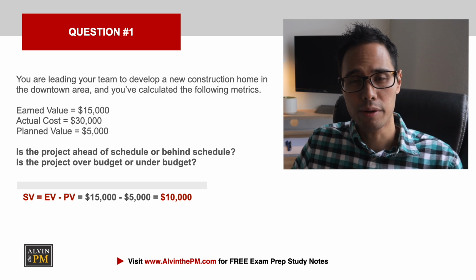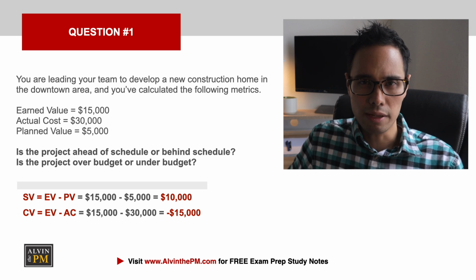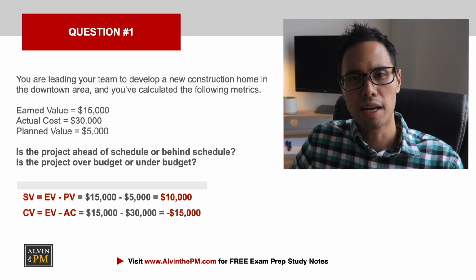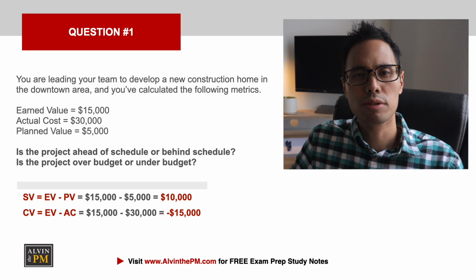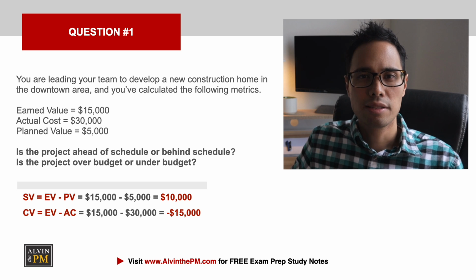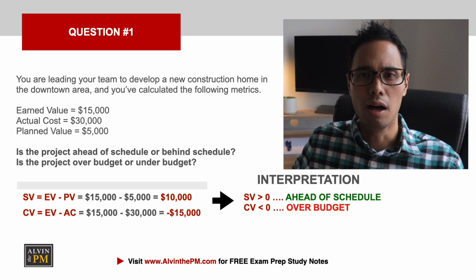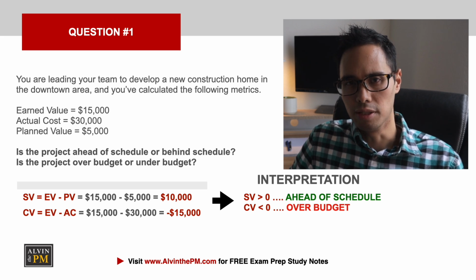Now for cost variance, CV equals EV minus AC, and plugging in those numbers, we get 15,000 minus 30,000, which equals a negative 15,000. Since SV is a positive number, we are ahead of schedule. On the other hand, because CV is a negative number, we are over budget.